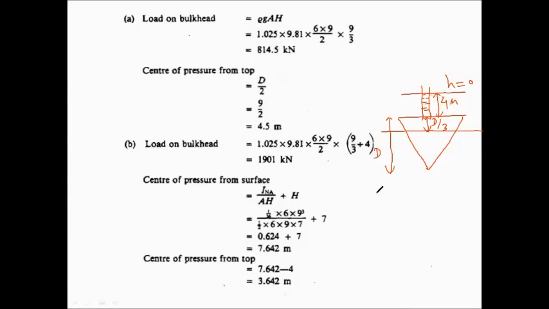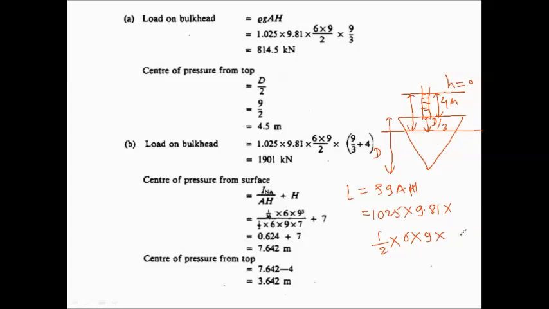So now how to proceed for the load acting on the bulkhead? What is the formula for the load? Rho G A H. Now what is rho? Rho is the density. It is 1025, G is 9.81. The area will be 1 by 2, base was 6 meter, depth of the whole bulkhead is 9, into H. H will be from the free surface.